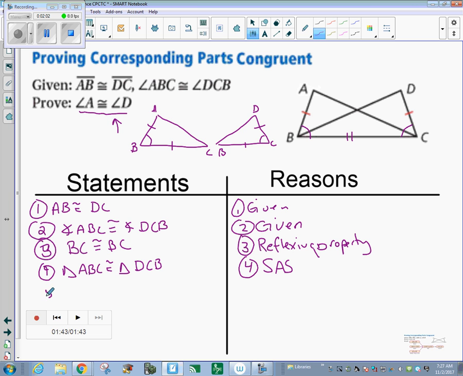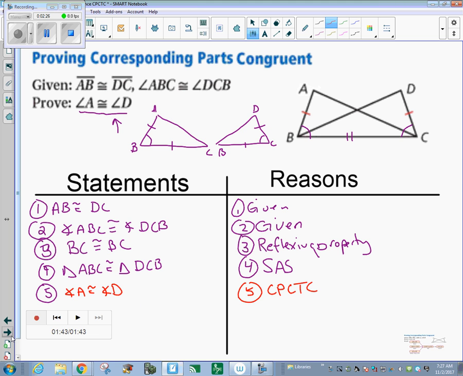And then finally, our final step is that once we have the triangles congruent, any other parts can be congruent inside of those triangles by CPCTC. So we can say that angle A is congruent to angle D by corresponding parts of congruent triangles are congruent.